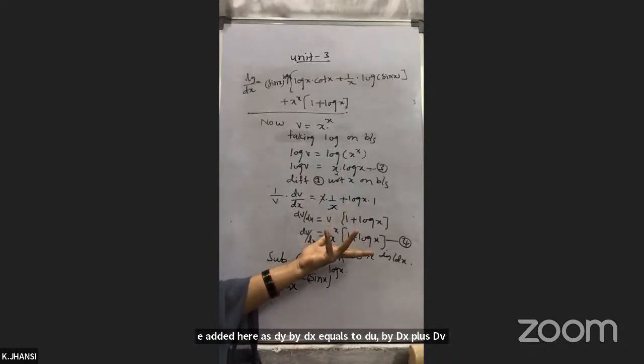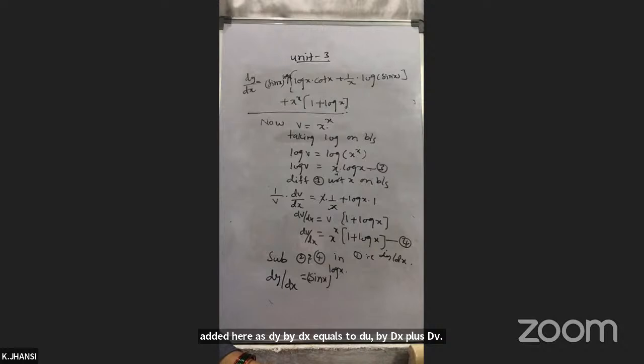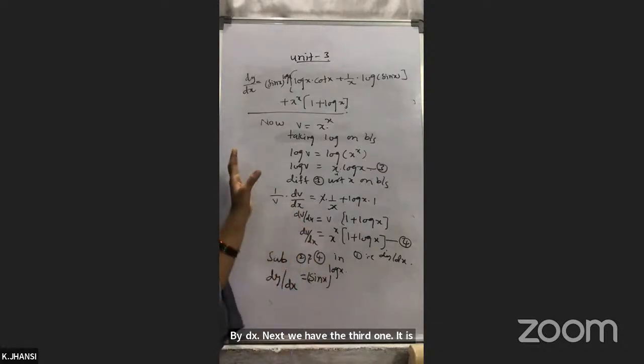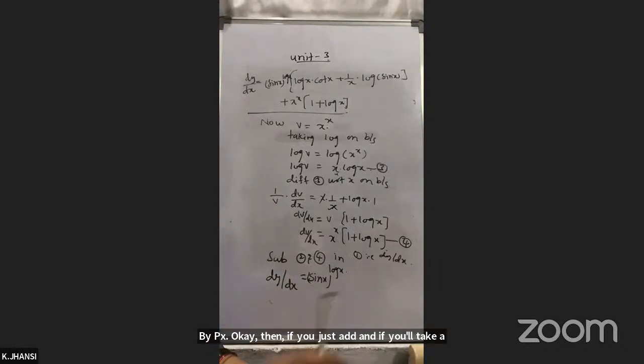Next, if you have a third one, it is dw by dx. Then if you just add and take dy by dx, that is the answer of that one. So if you do the procedure like this and combinations are given in such a way, 2 or 3, you'll get the question for the 10 marks one. So in this third unit, the 10 marks question is from the second method, that is logarithmic differentiation.